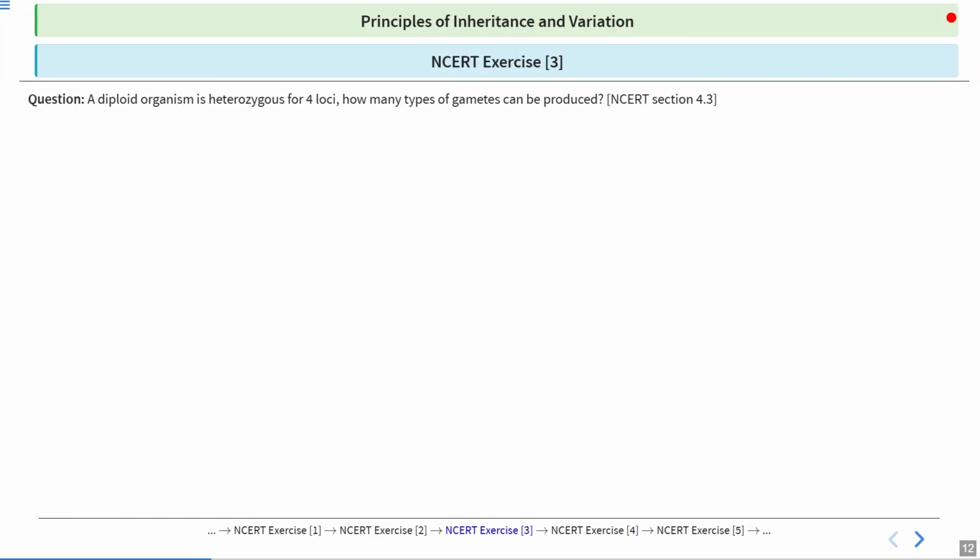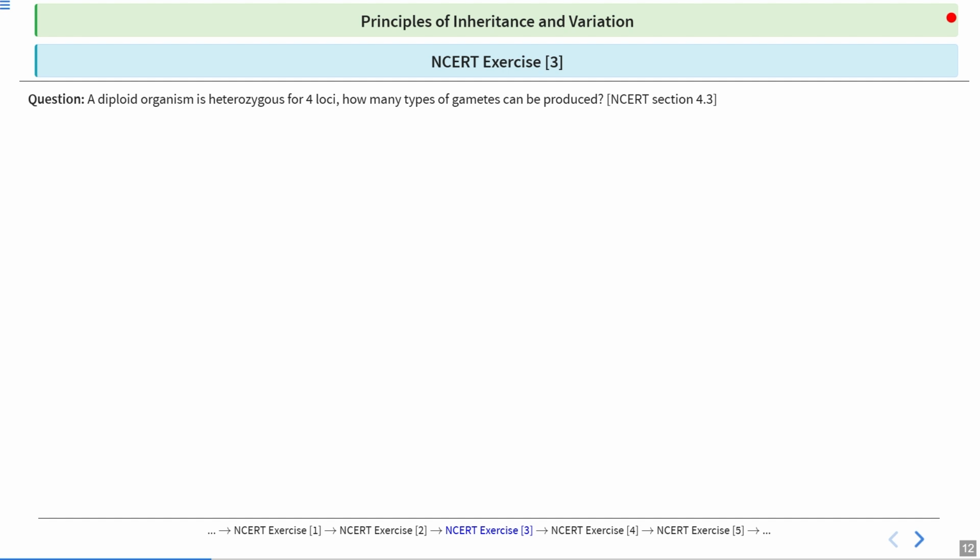Now let's discuss the next question. A diploid organism has 2n number of chromosomes. It is heterozygous for 4 loci. How many types of gametes can be produced here?